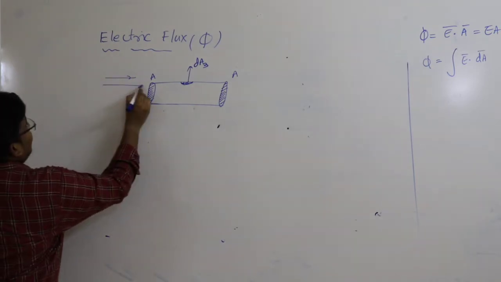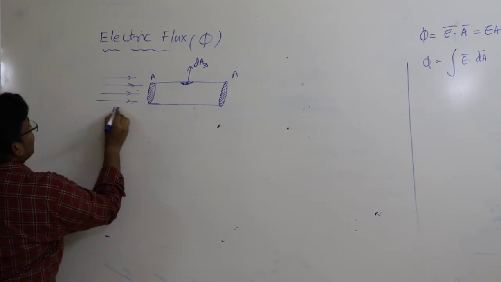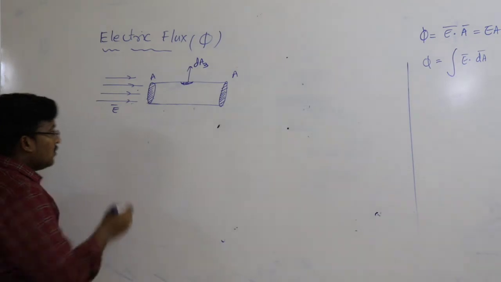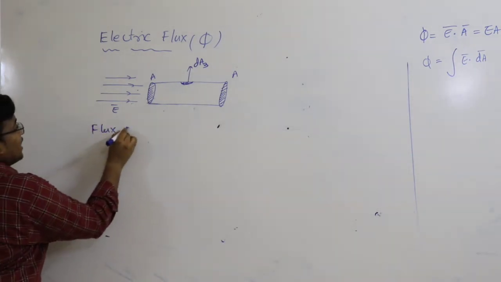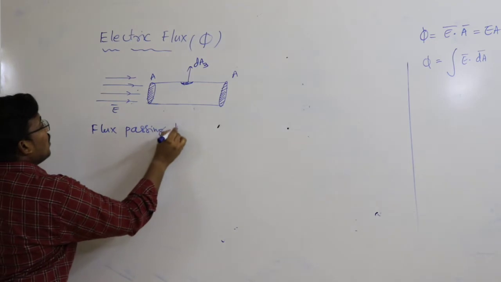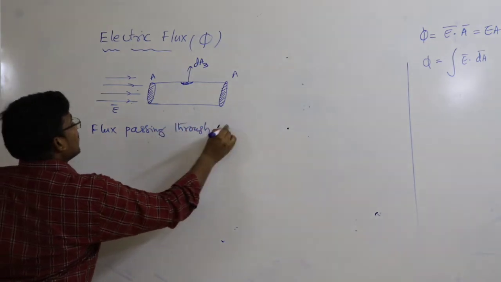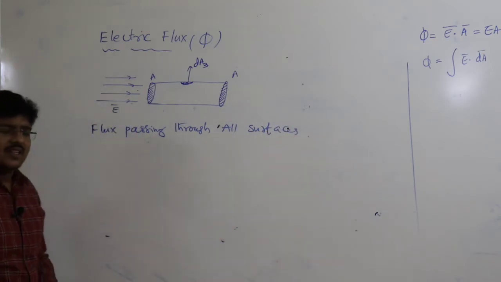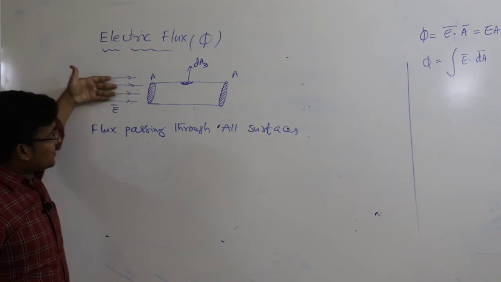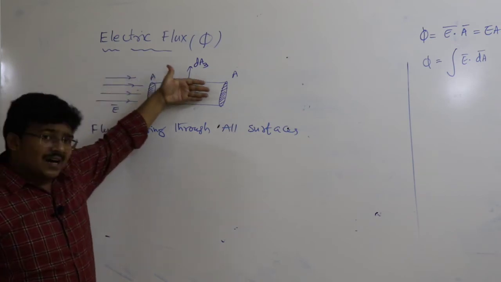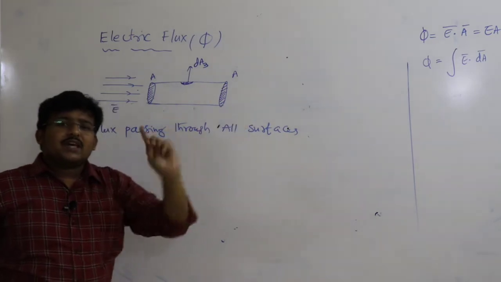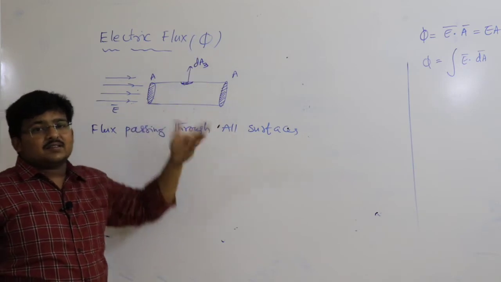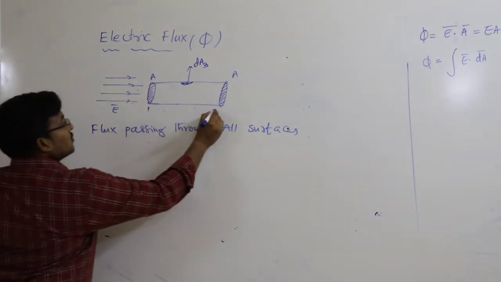Now if the electric field is horizontal, I would like to find the flux passing through all surfaces. See, simply you can say that flux is entering, the number of lines enter and pass through the body and they leave, so there is flux linked with these surfaces, but no flux linked like this. So I can say this is 1, 2.